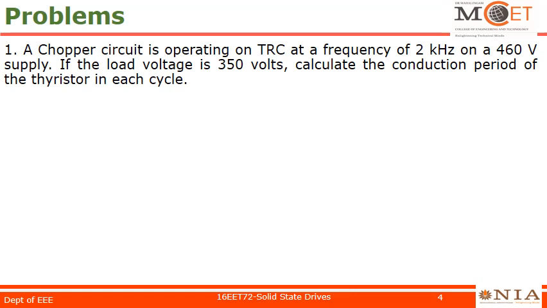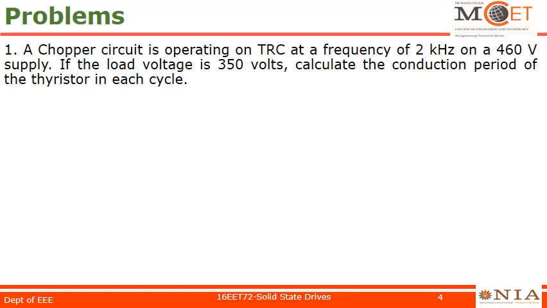The formulas relate to the class A chopper. Here TRC refers to time ratio control, and the frequency is given. We need to find the total time. Total time is T equal to 1 by F. We know the supply voltage and the load voltage. For a class A chopper, the output voltage formula is V output equal to duty cycle into supply voltage.